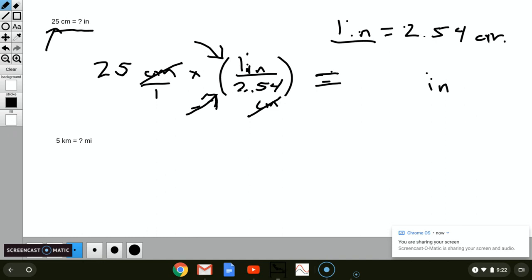When you punch this into your calculator, it spits out 9.842525197. Hold on, I'm going to erase my inches here and rewrite this real quick.